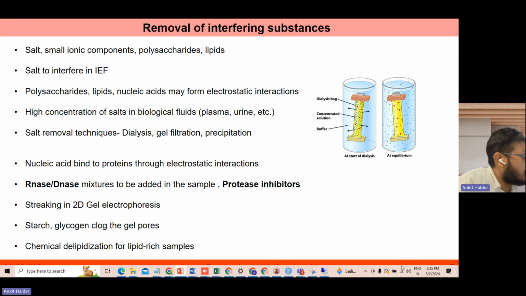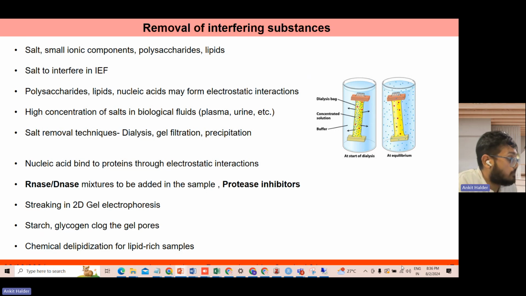Okay, so there are streaking patterns observed in 2D gel electrophoresis, which help us understand what the contamination can be: higher concentration of salt, higher concentration of urea, higher concentration of any contaminant. What those are will be introduced in the subsequent coming weeks. Starch, glycogen, and other polysaccharides clog the gel pores.